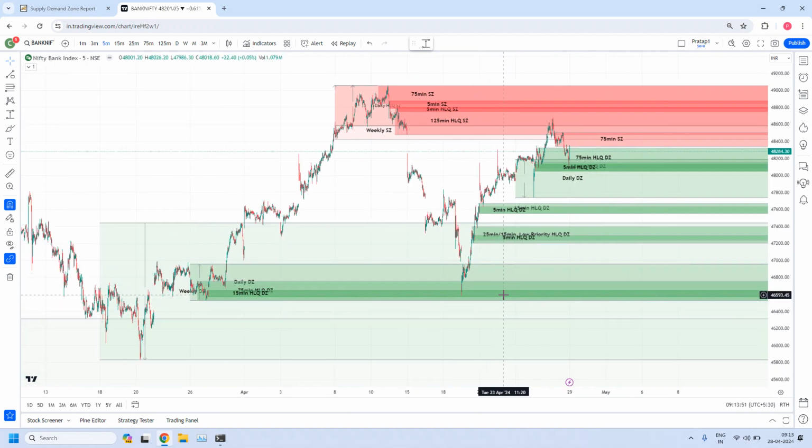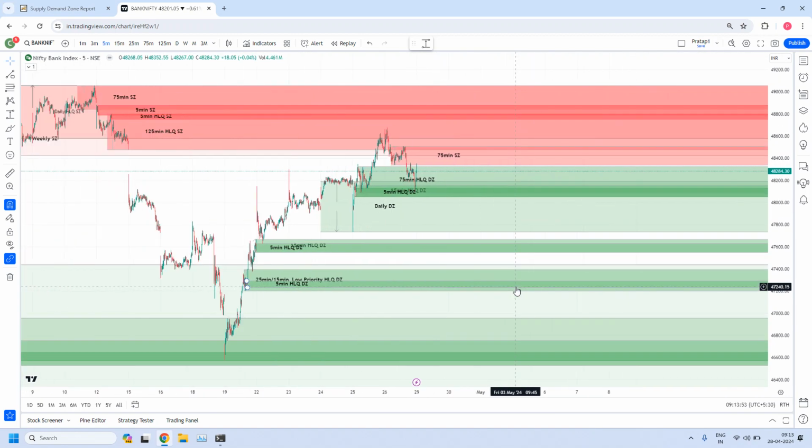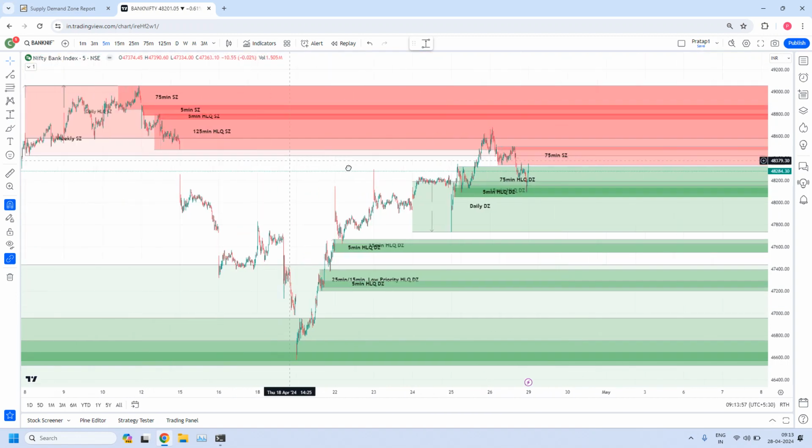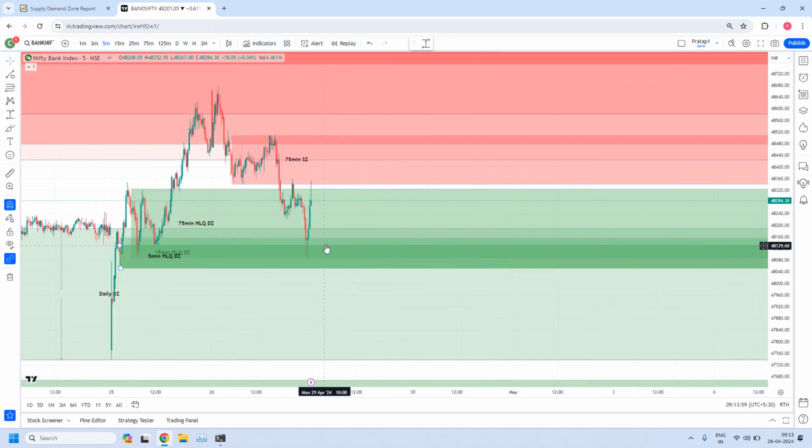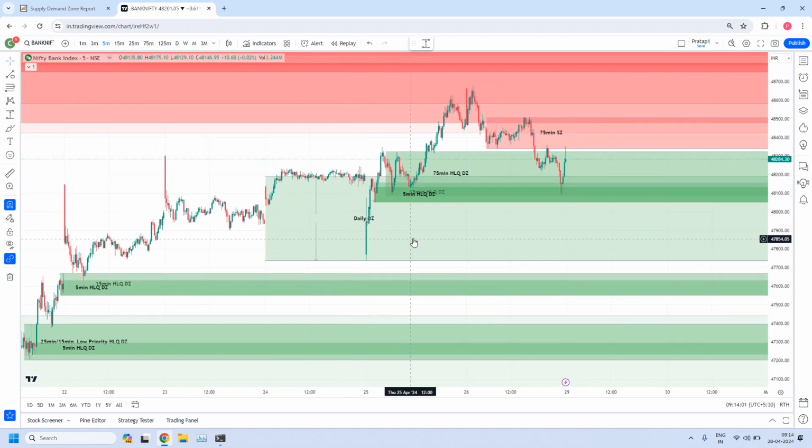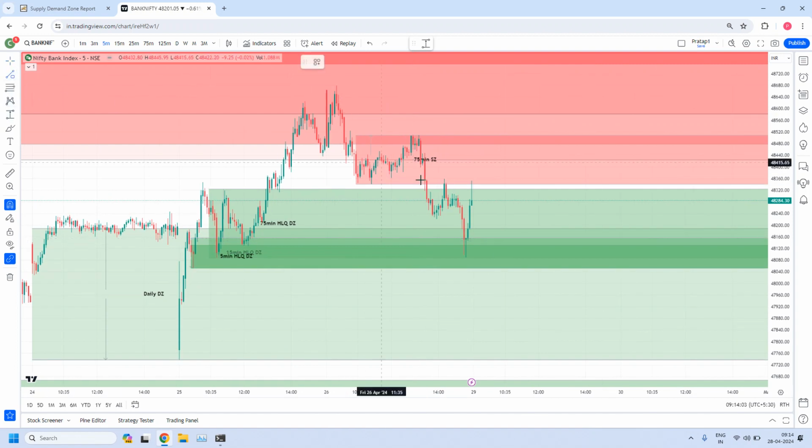So these are the zones. At least you can depend on them for this coming week's trade. The first support is within this area. Let me draw the info line. This is the 75 minutes.